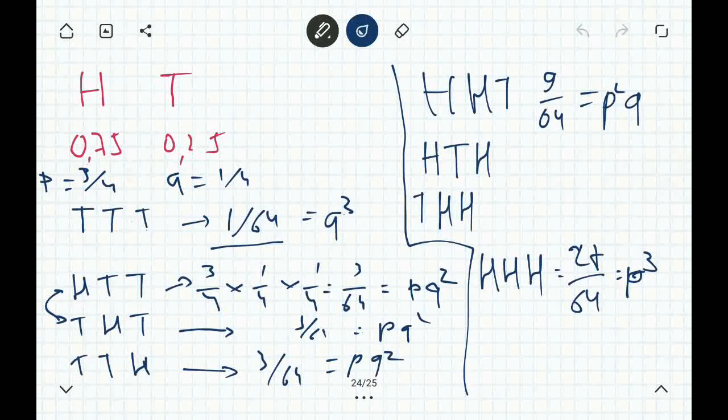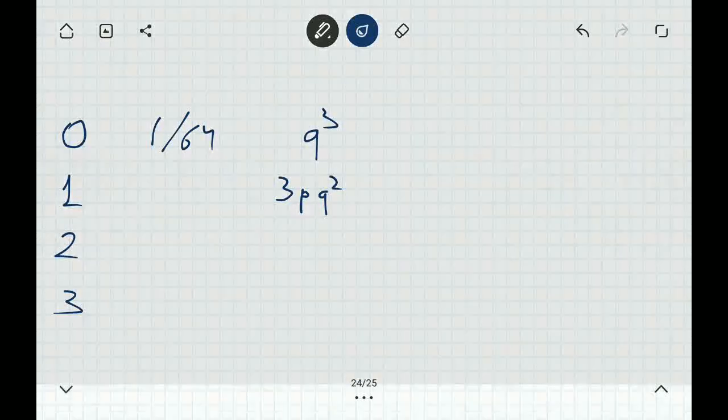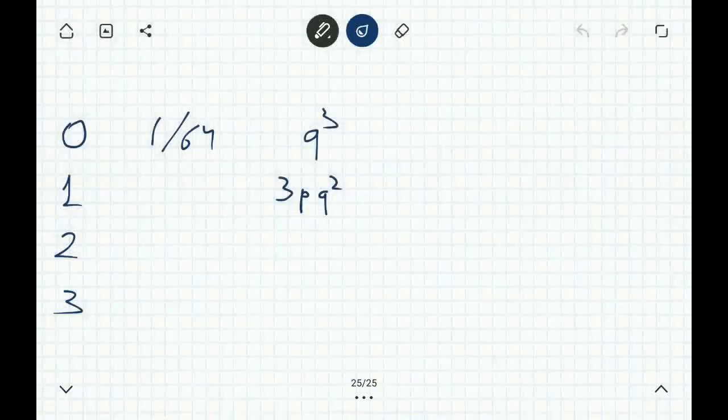And then I have 3 cases for 1 head, and each of those 3 cases has the probability of pq squared. So overall probability for 1 head will be 3pq squared, or let me check, was it 3? Yes.